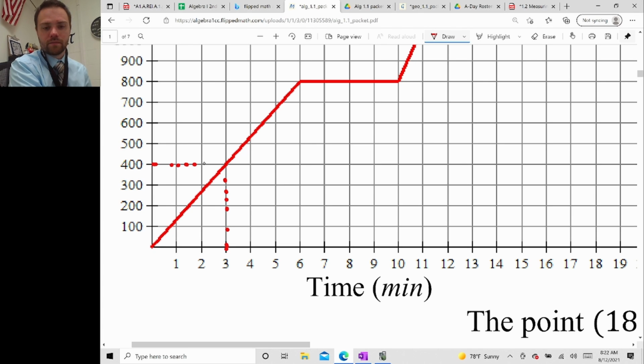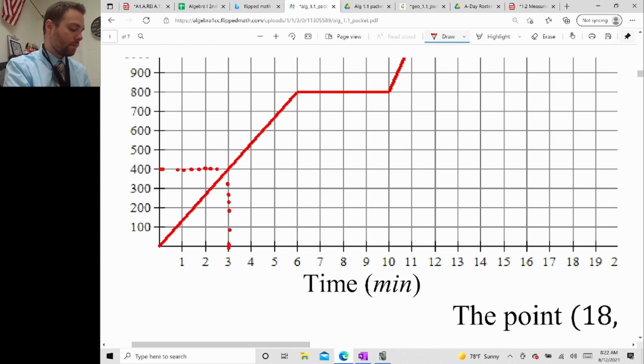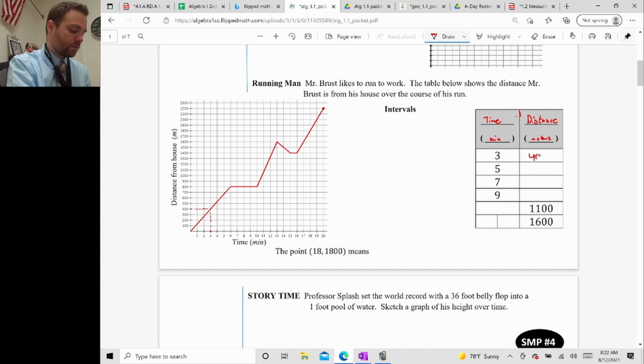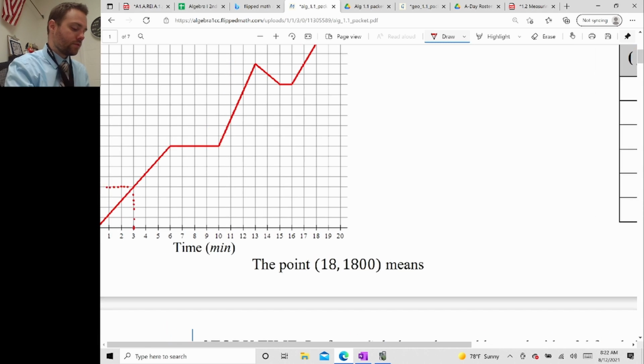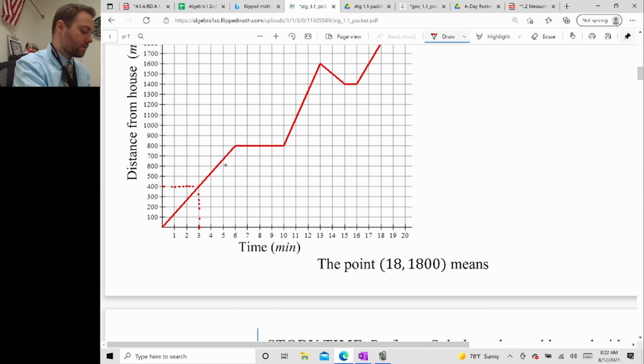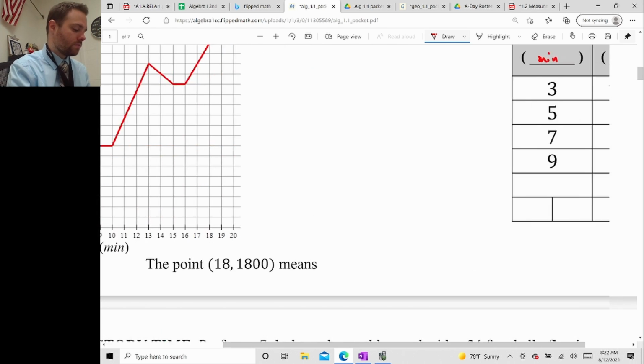So after 3 minutes, Mr. Brust has run 400 meters. After 5 minutes, which is the next line, he has run 700 meters.